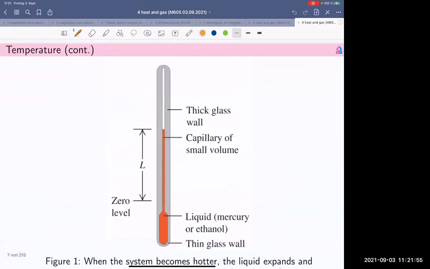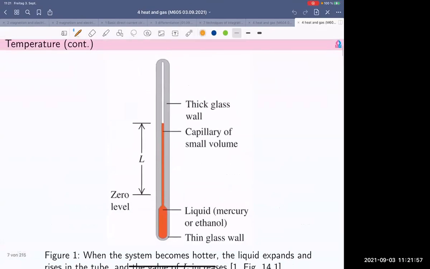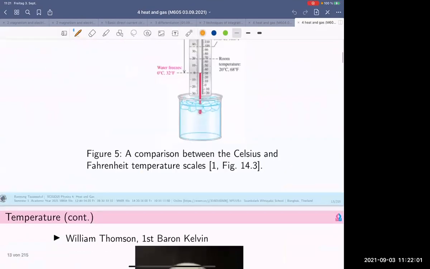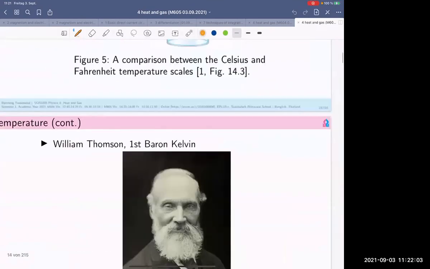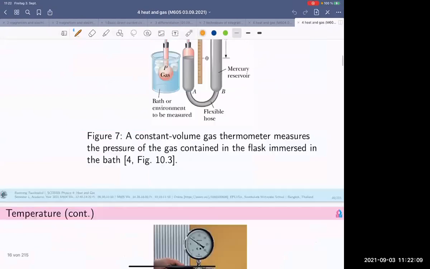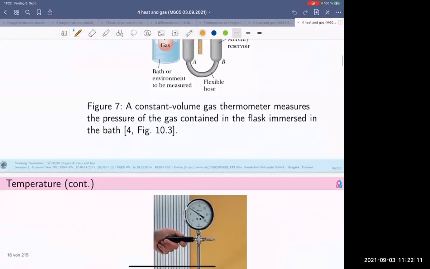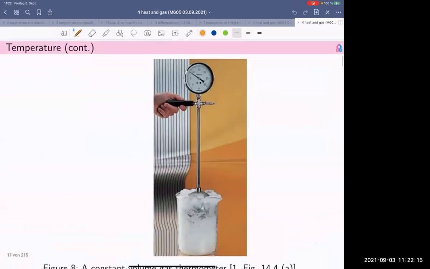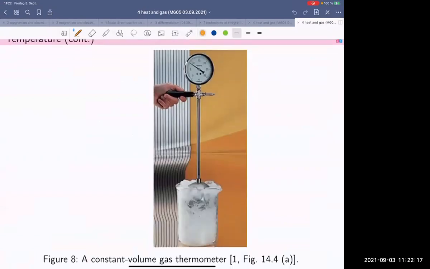With this principle, the actual constant volume gas thermometer can be found in a realistic situation like this, and here is the place where we keep the air so that we can observe the temperature.